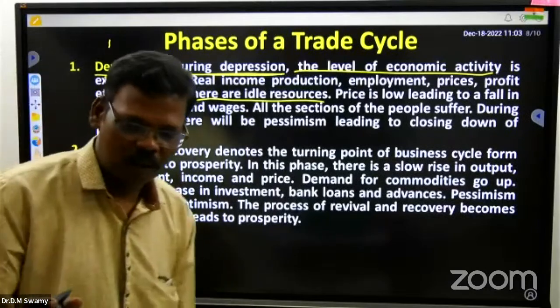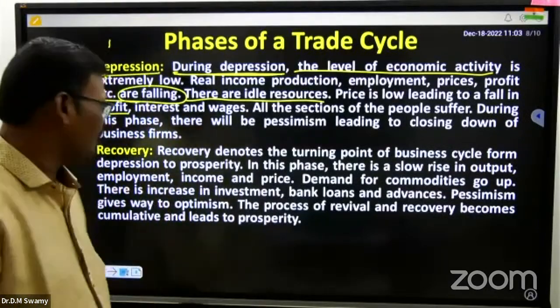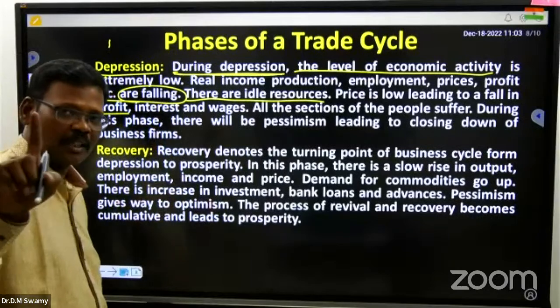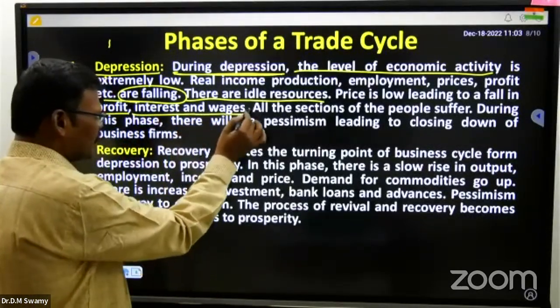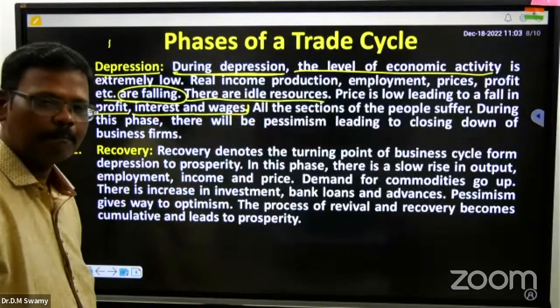Since the price is low, it will lead to low profit, which means no reinvestment, and interest rate and wages are very low.